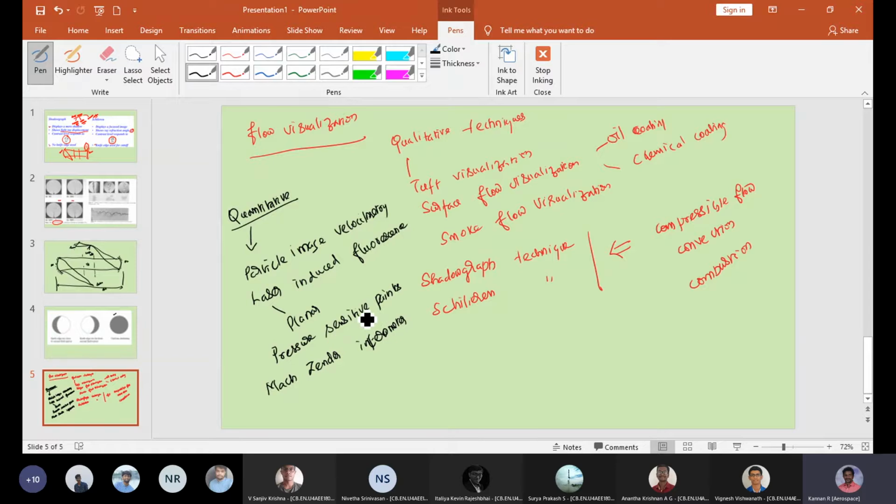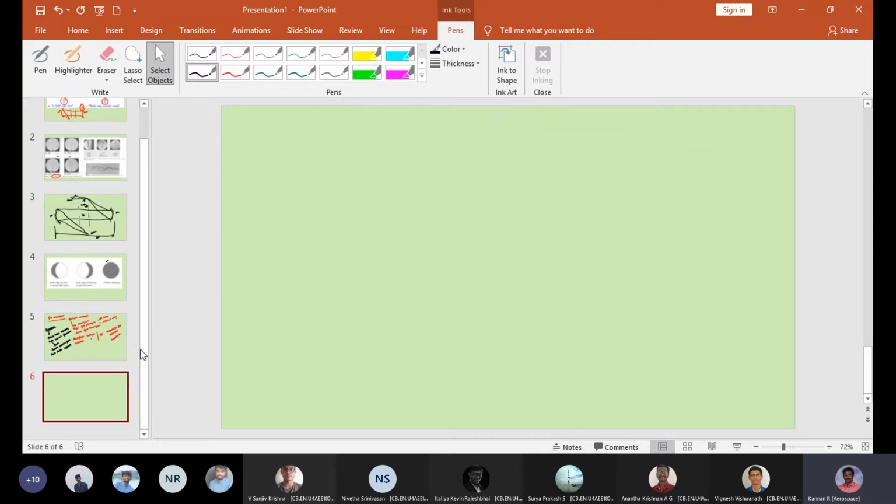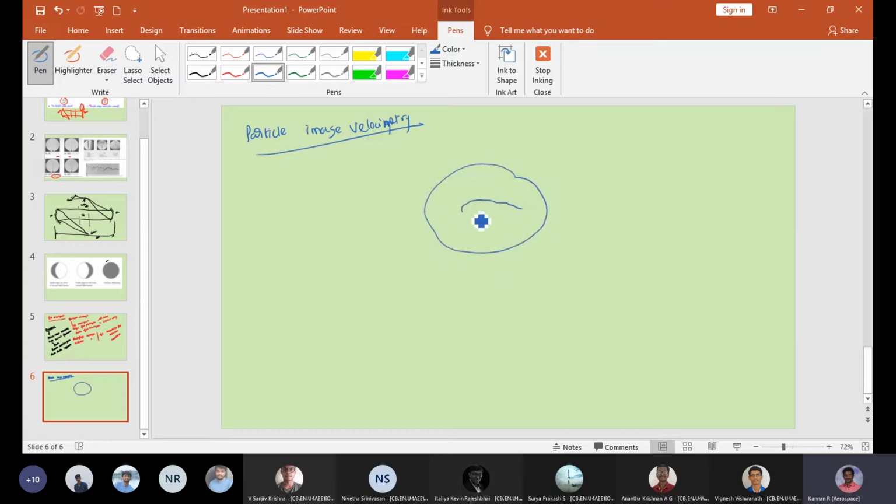If you look at the quantitative measurements, take particle image velocimetry. What we are going to do is take a certain flow field, for example flow over an aerofoil.